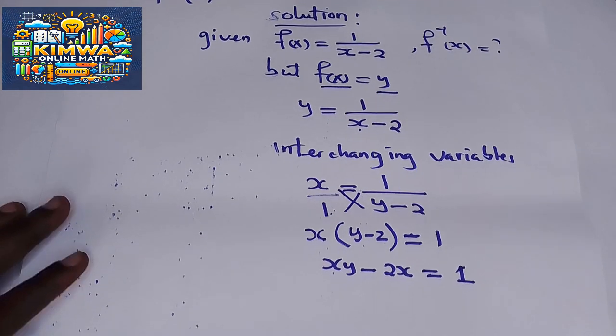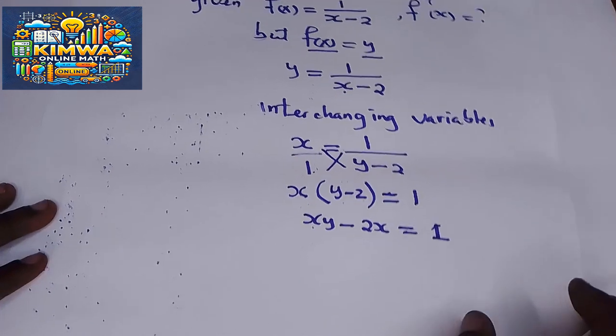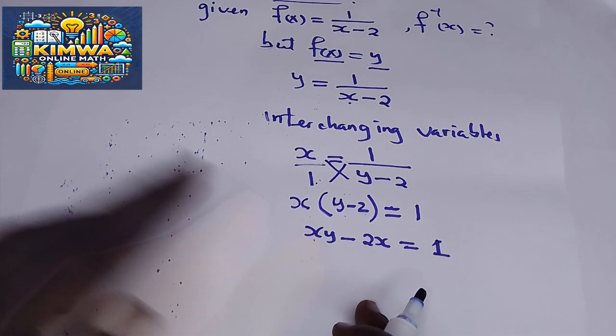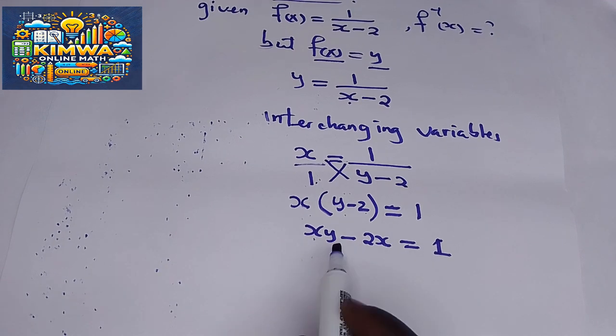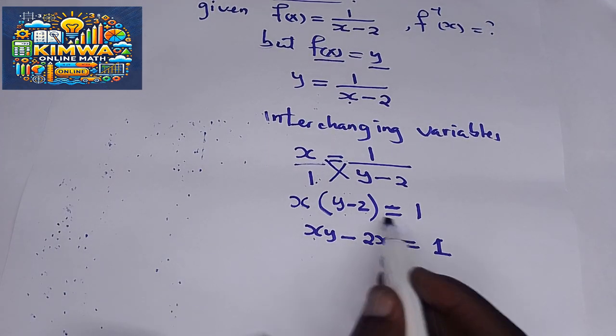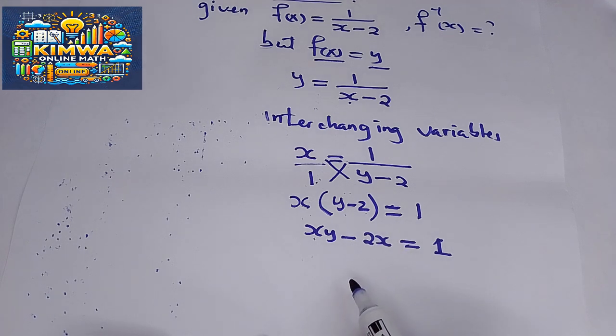After reaching this step, our target is to make y alone on the left hand side of the equation. All terms which are not y should be placed on the other side.